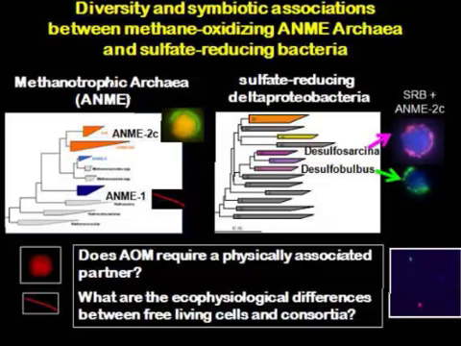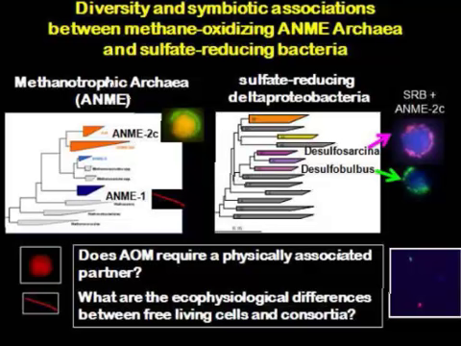And they're all called ANME, which stands for anaerobic methane oxidizers. They're not very creatively named. It's group 1, 2, and 3. But they have very different morphologies. So the ANME-1 tend to be rod-shaped. The ANME-2 and ANME-3 tend to be more sarcina-shaped.